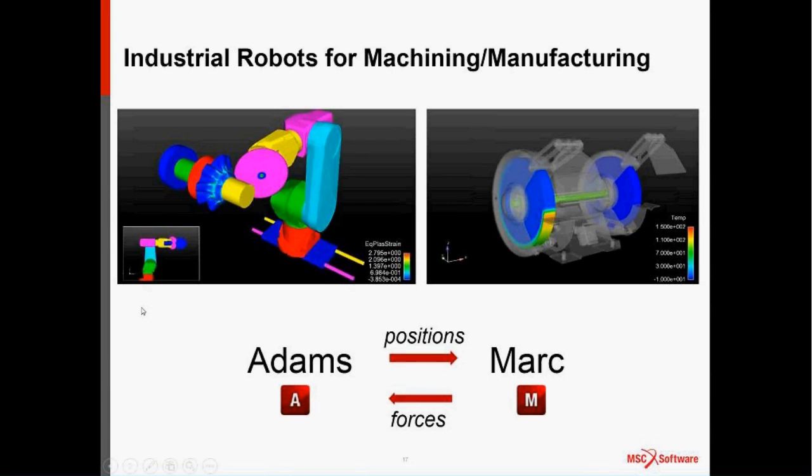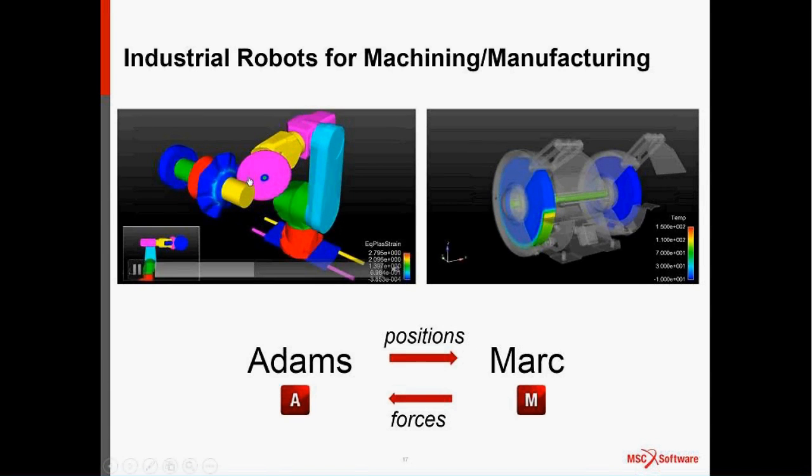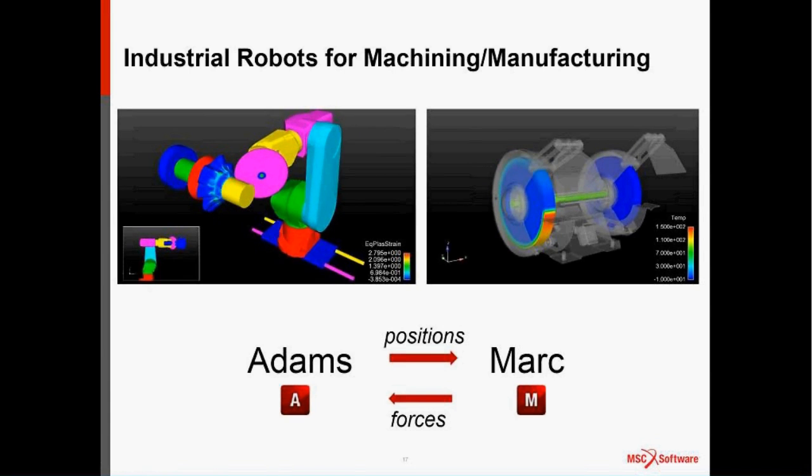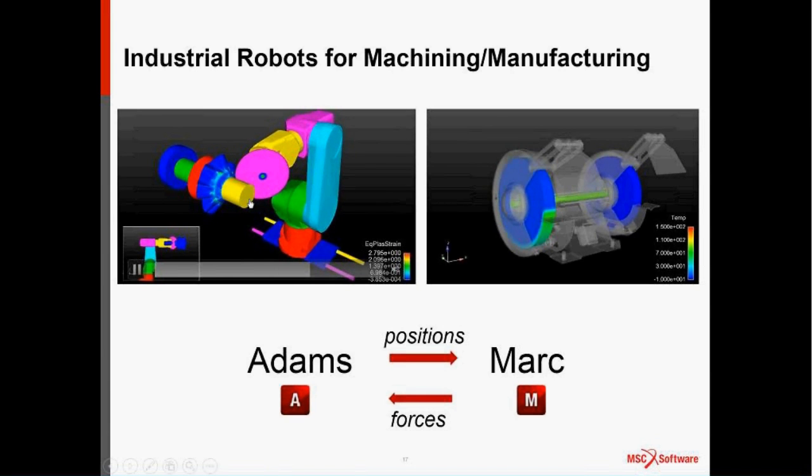You will be able to evaluate not only the robot system itself, how it moves and how it vibrates, but also capture the large deformation of the workpiece and how the interaction between the workpiece and the tool is going to affect the transmissions or the gearbox, and how that is going to cause the varying forces or changing torques for the system. That is something very interesting for us to observe.